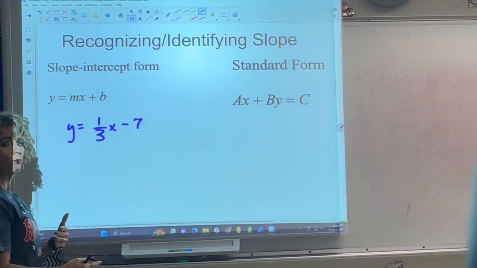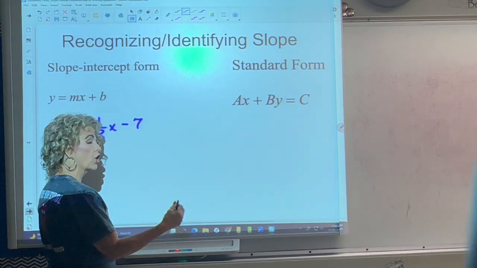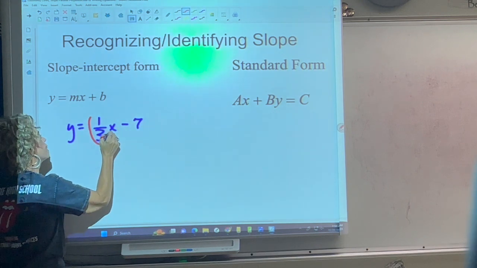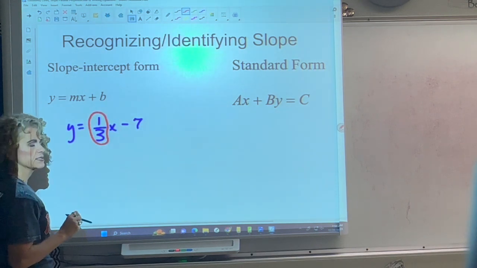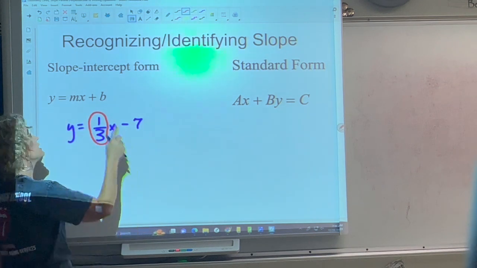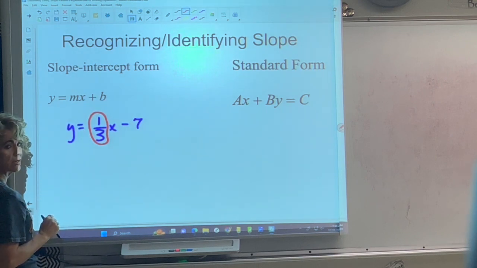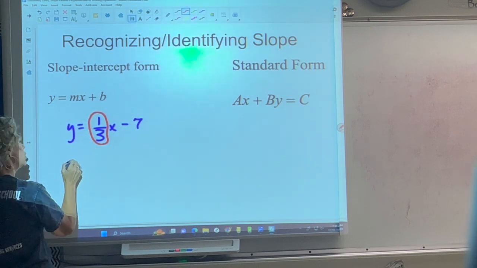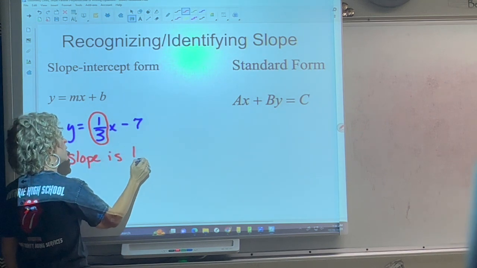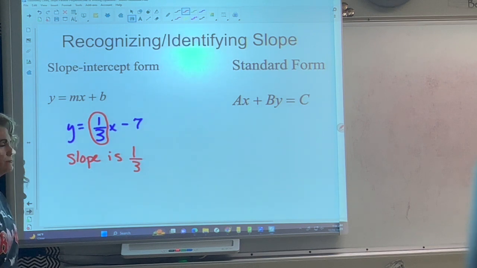Well, the slope, each time, every time, all the time, in slope-intercept form is the coefficient, the number in front of x. That's why I do not say y equals mx plus b. I say y equals your slope times x plus your y-intercept, okay? So my slope on this line is 1/3. It is not 1/3 x, it is 1/3, okay?